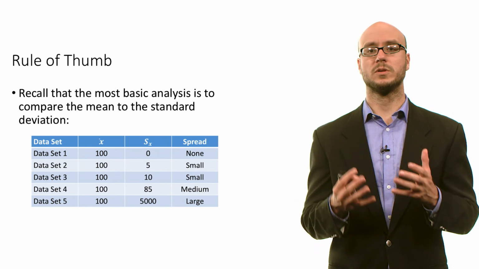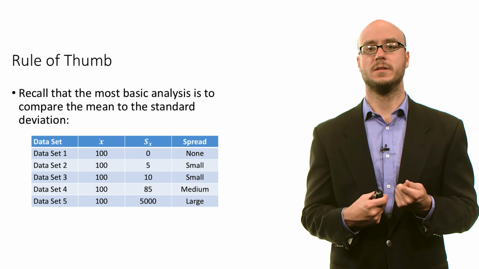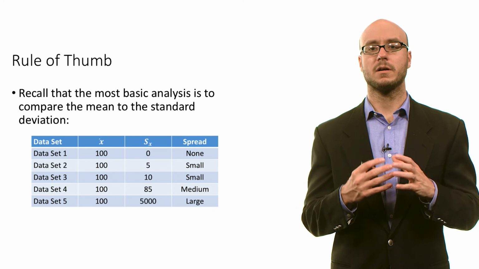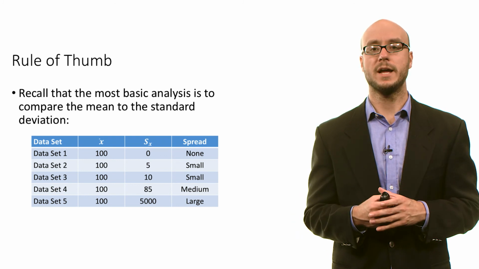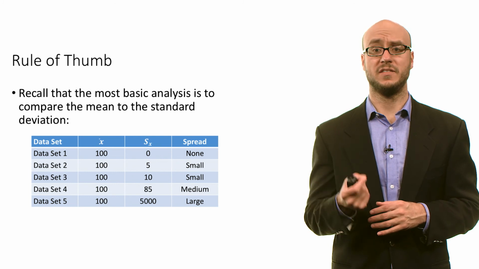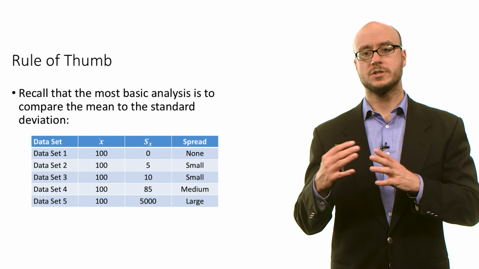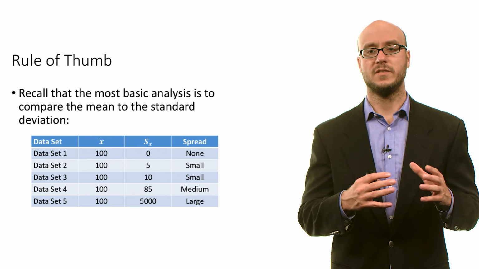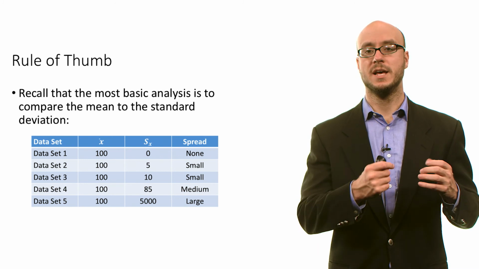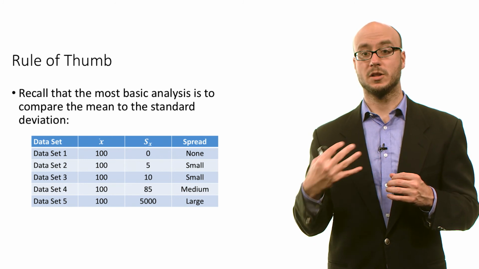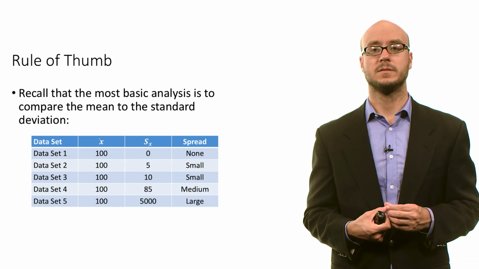So in general, as a rule of thumb, if a standard deviation is smaller than the mean, that suggests a narrow distribution centered around the mean, a very small amount of spread, with the idea that if the standard deviation is 0, there's no spread, in fact. And as the standard deviation gets closer to the actual value of the mean, that suggests a moderate amount of spread. As the standard deviation becomes larger than the mean, that suggests a very large amount of spread.